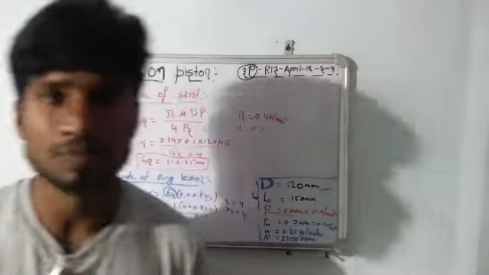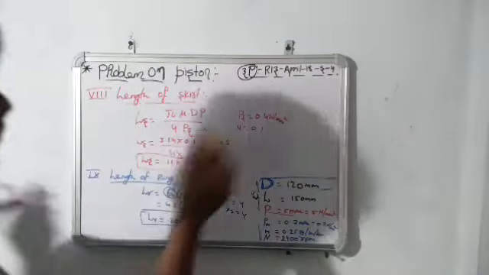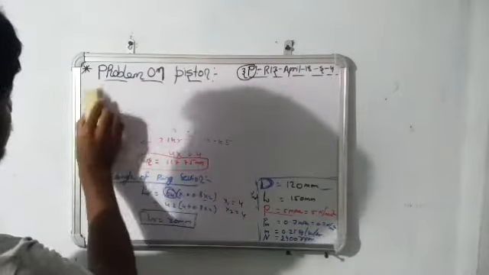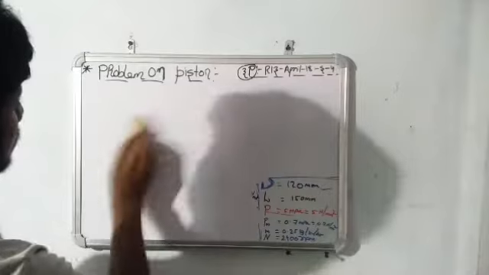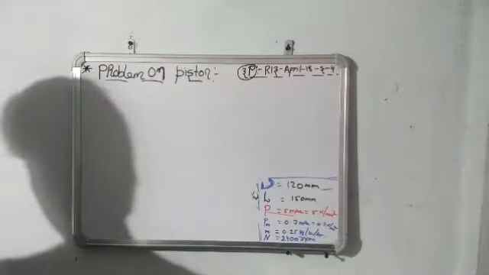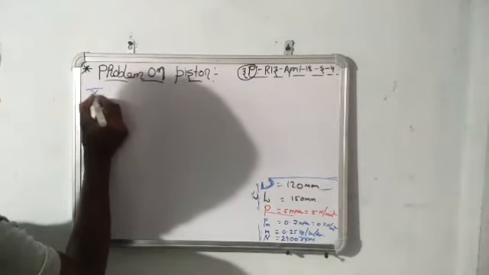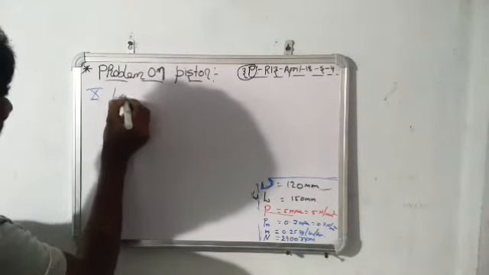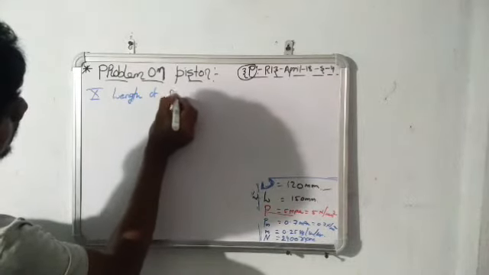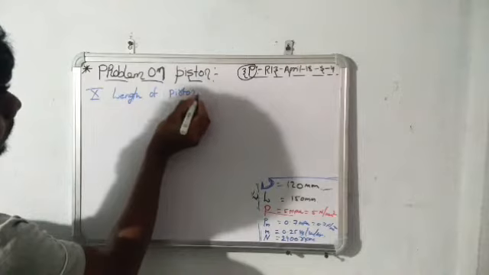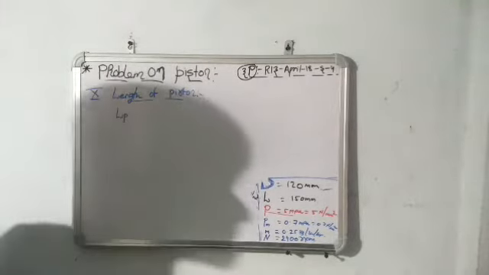Go to the next step, that is the length of the piston. It is the 10th step here. Length of the piston is denoted by LP.